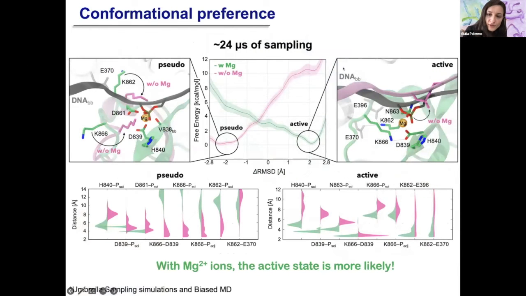First of all, we performed free energy simulations to characterize the conformational change between the pseudoactive and active structure in the presence and absence of magnesium. And we found that with magnesium, the active structure was preferred, suggesting that previous structures supported this pseudo conformation because of the absence of the catalytic ion, and suggesting that the catalytic ion also has a structural effect.